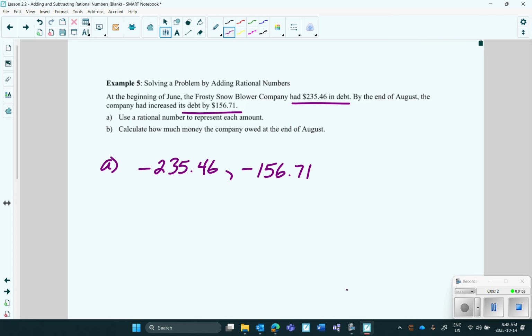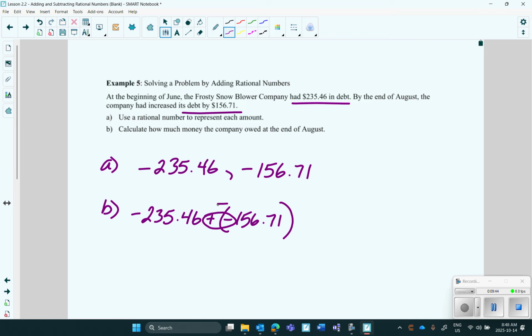So how do we find how much money they owe? Add them together, right? So it's going to be negative 235.46, and because I've got double signs here, I'm going to use parentheses, 156.71. You should recognize now that that changes to a subtraction.